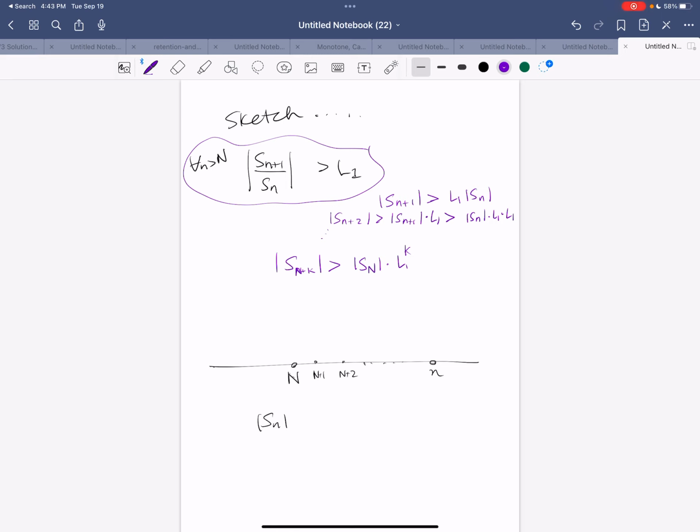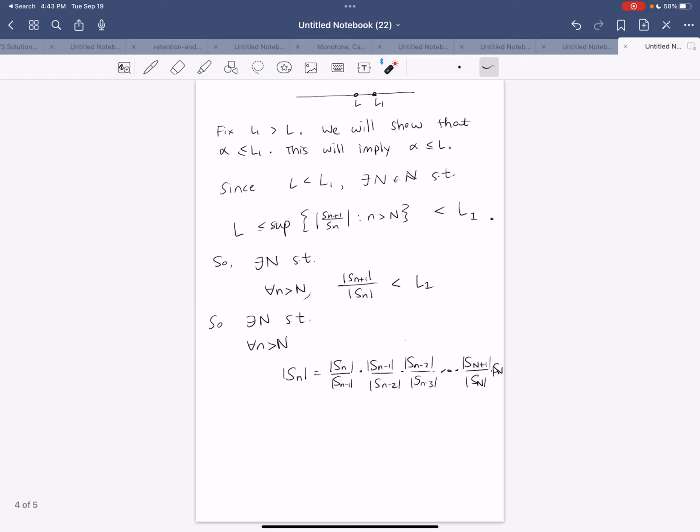So that's fundamentally why we have this relationship between the ratios and the roots. Why is there a connection between the nth root and the ratio? Well, the answer is because if we know this ratio is bounded by a certain constant or is approaching a certain constant, then we can estimate the terms past that index by comparing them to this one, looking at the ratio. So that's the idea behind what we're doing.